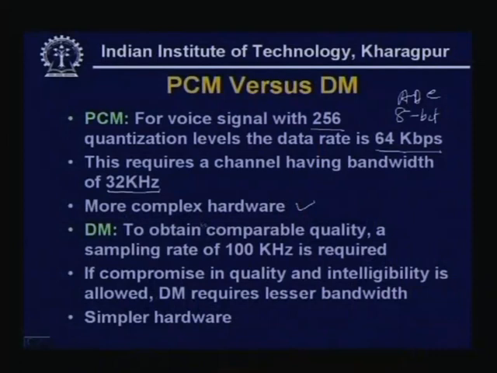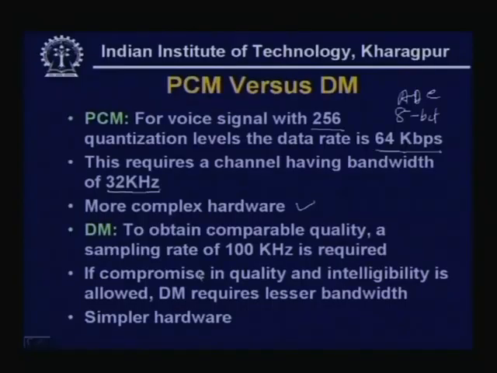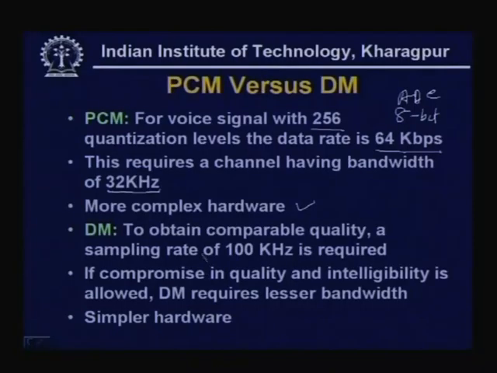On the other hand, delta modulation does not require higher bandwidth. However, there is a point. Does delta modulation give you good quality reproduction at the receiving end? Unfortunately, it has been observed that to obtain comparable quality, a sampling rate of 100 kilohertz is required in the case of delta modulation to send a voice signal.